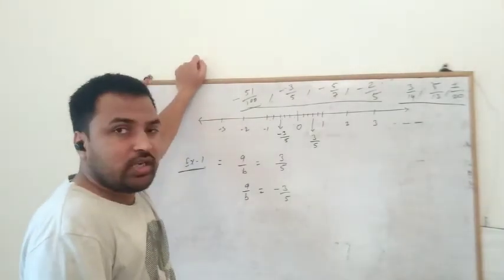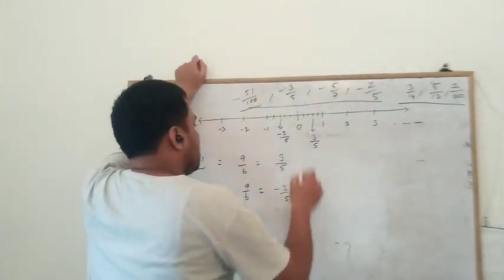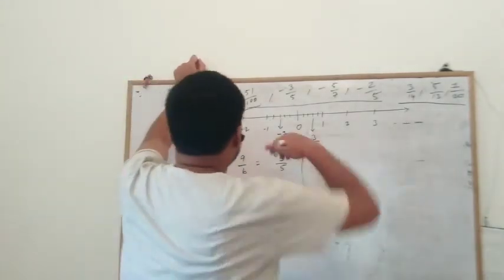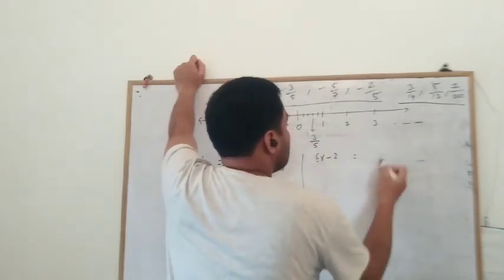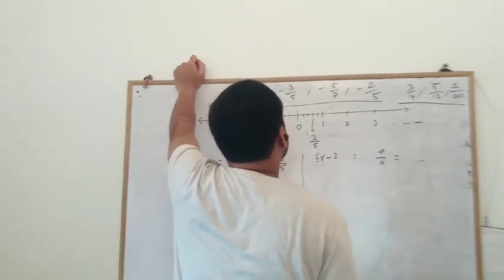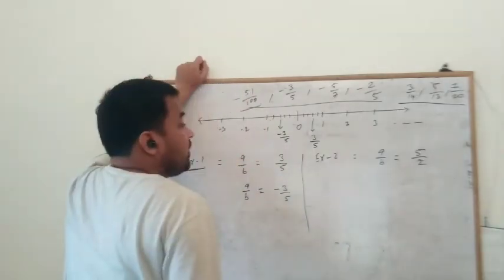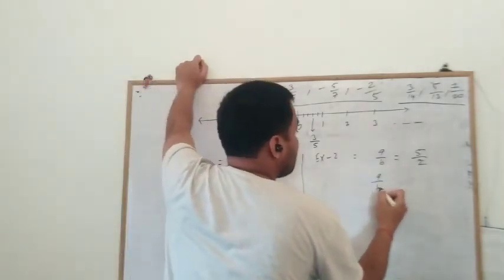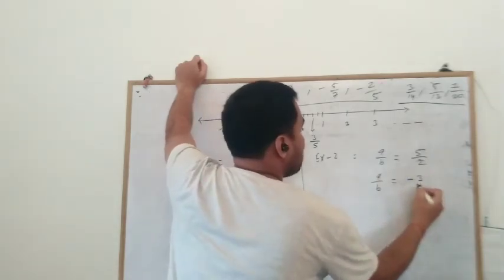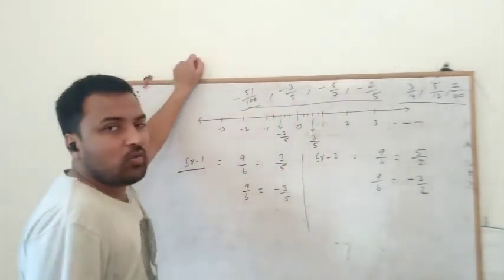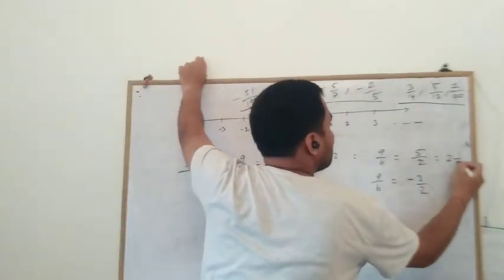I hope you understand how we represent rational numbers on a number line. Now consider improper fractions. For example 2, take a by b equal to 5 by 2, as well as a by b equal to minus 3 by 2. Now 5 by 2 can be written as 2 whole 1 by 2.